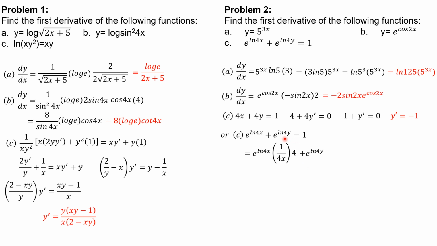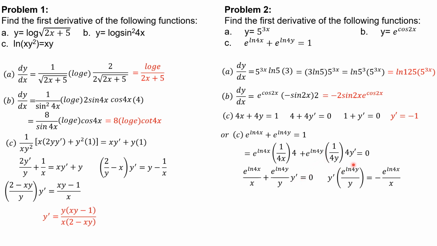While the derivative of e to the ln of 4y is e to the ln of 4y times quantity 1 over 4y times 4y prime. Then the derivative of 1, of course, is 0. So we write this, after we cancel 4, as e to the ln of 4x over x plus e to the ln of 4y over y times y prime equals 0.